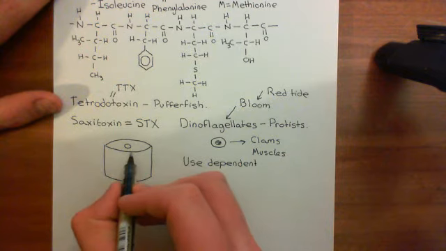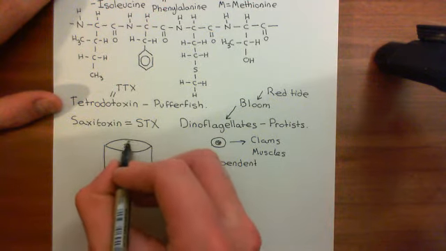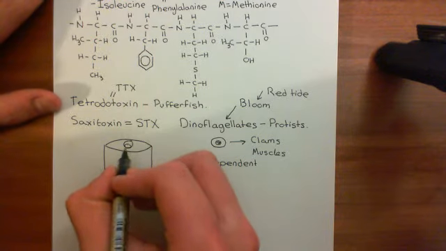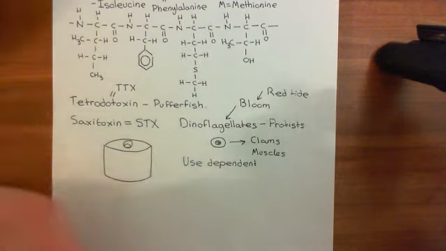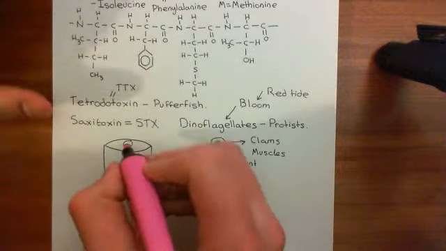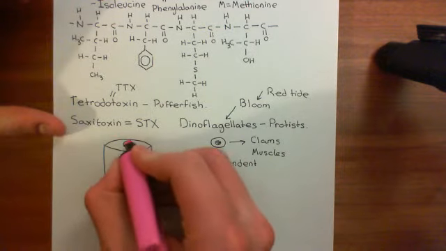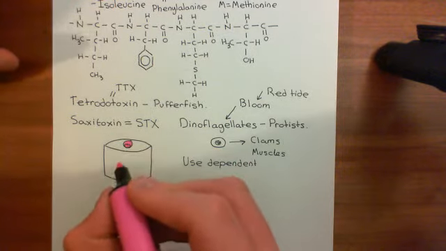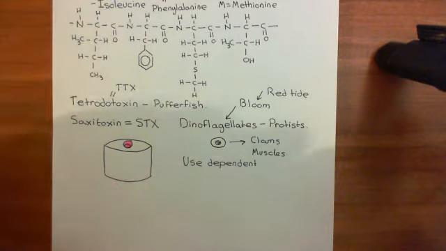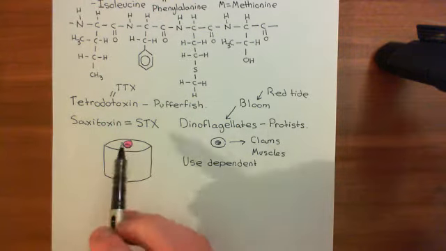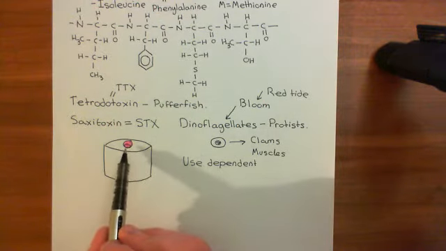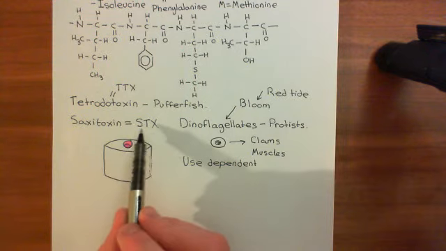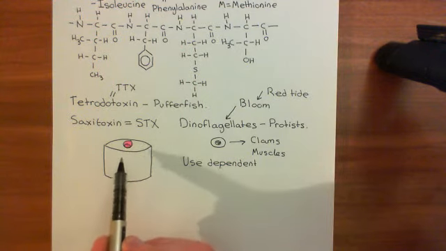Now, when the voltage-gated sodium channel opens, these drugs bind to the pore from the extracellular aspect. Here in pink, this is the drug binding to the pore from the extracellular aspect, and hopefully you can appreciate that it will block that pore. Sodium ions are not going to be able to move through that channel.